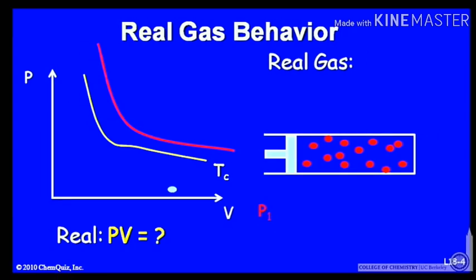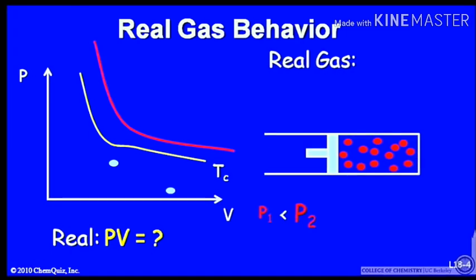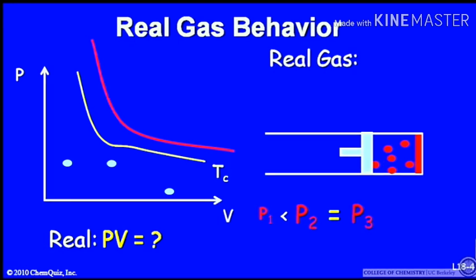Here, we will start at a pressure and volume, and we will decrease the volume, and we will get an increase in the pressure of the gas. As we continue to decrease the volume, we will get to the point where we decrease the volume, but the pressure will not increase. The pressure-volume curve flat lines. So what's going on here?